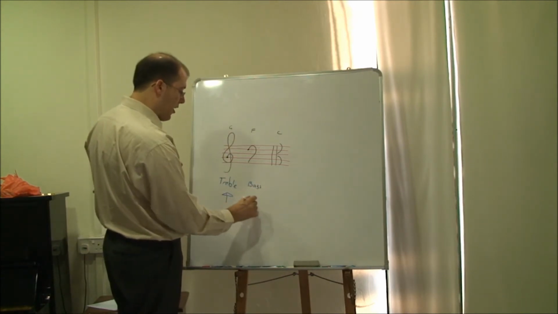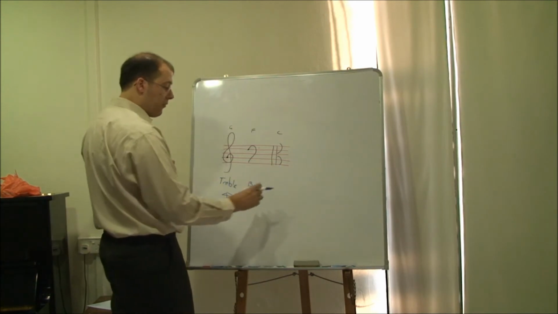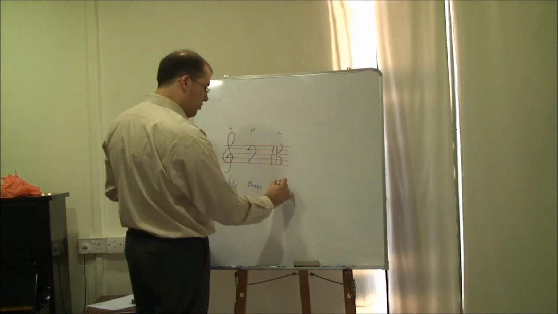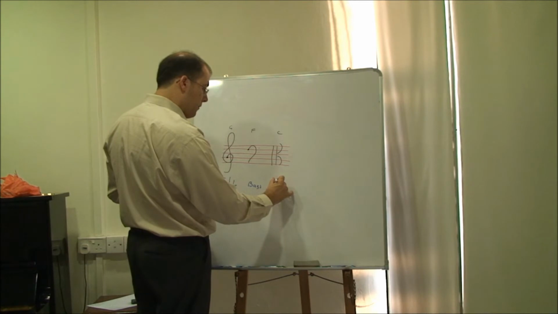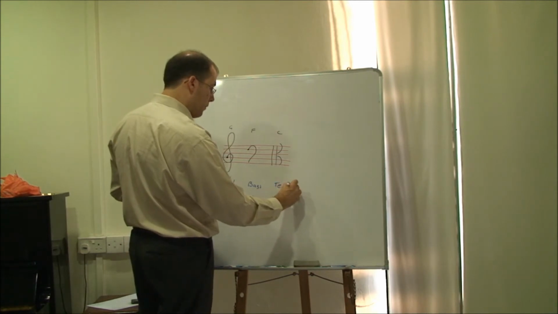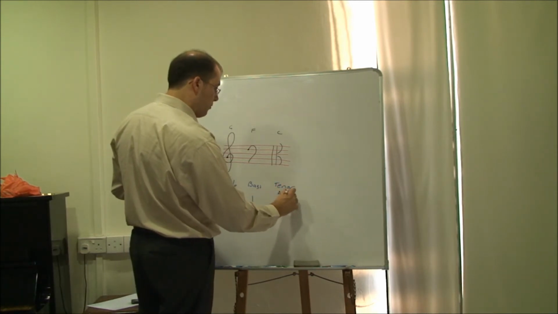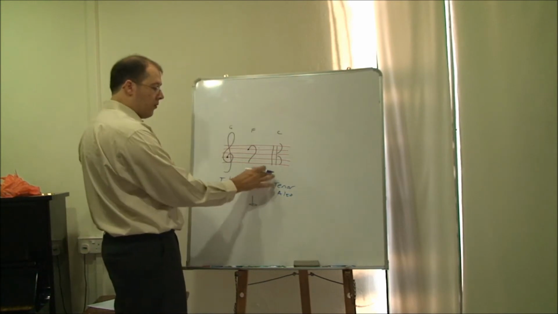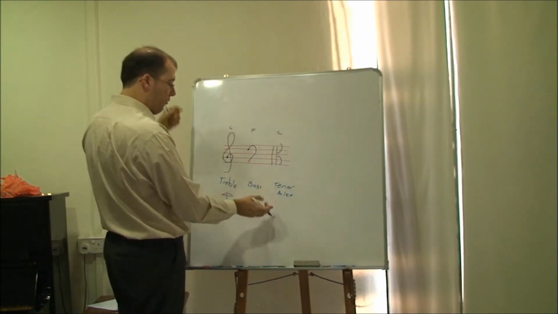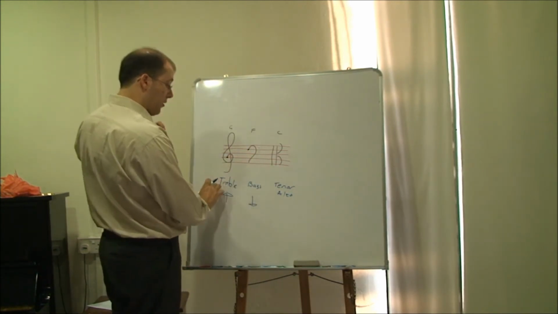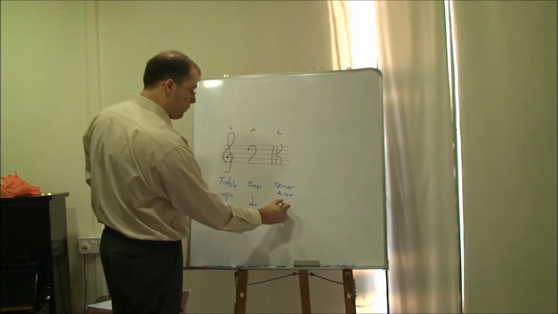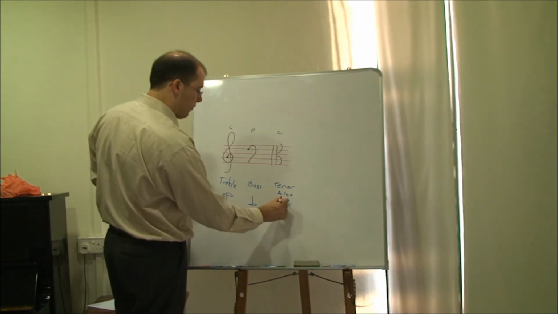In other words, down there. And the C clef can be used for either the tenor or the alto. Now anybody who's sung in a choir will know that the tenor and the alto are the voices that sit in between the treble and the bass. And so that's sort of in the middle.